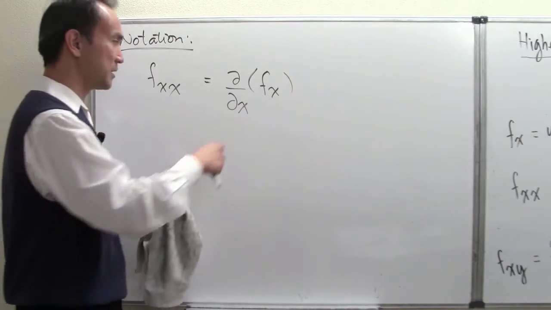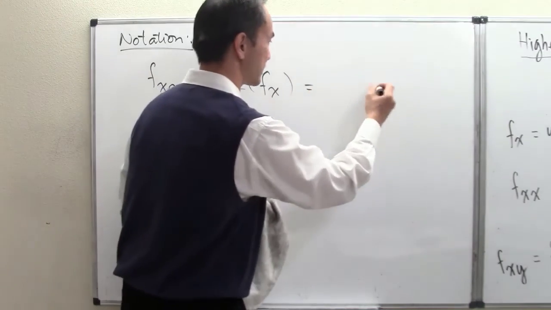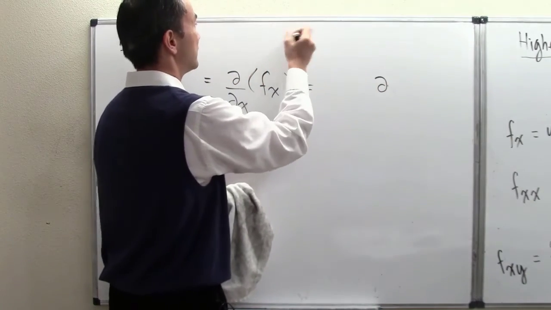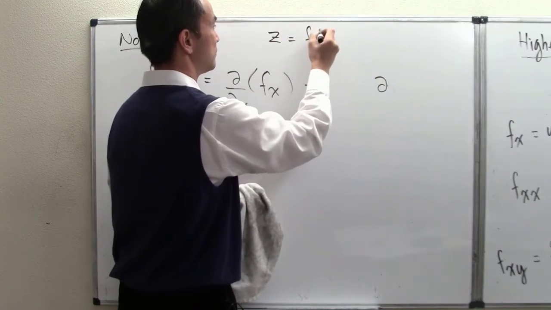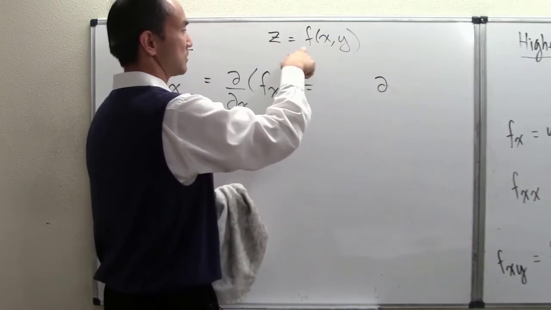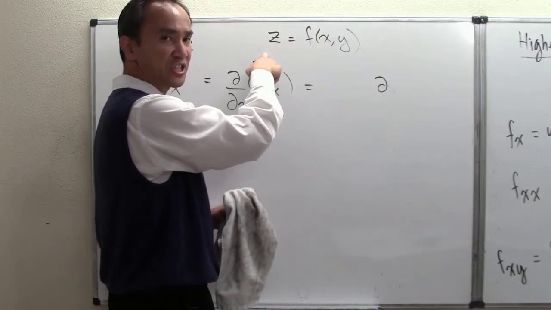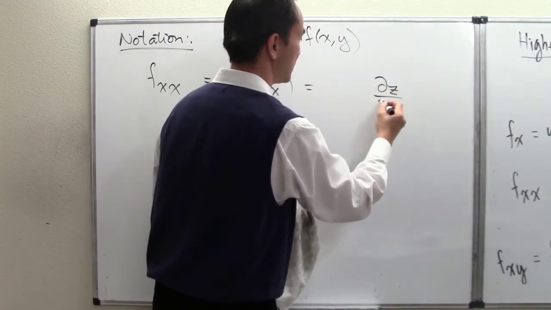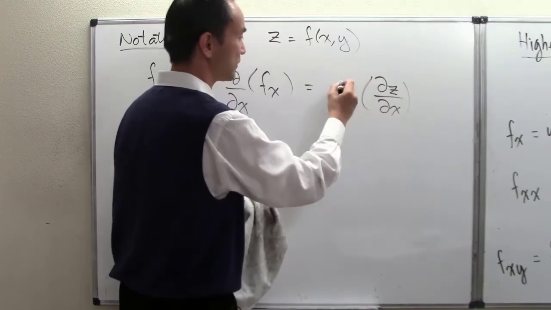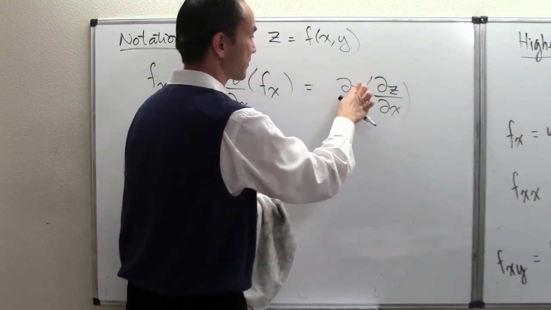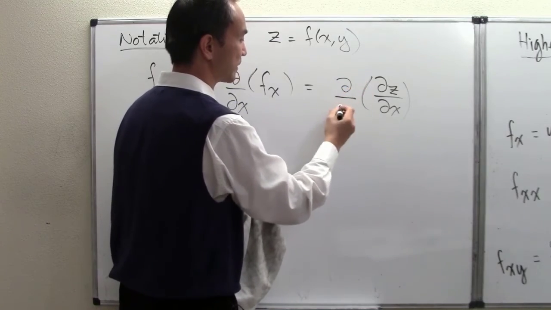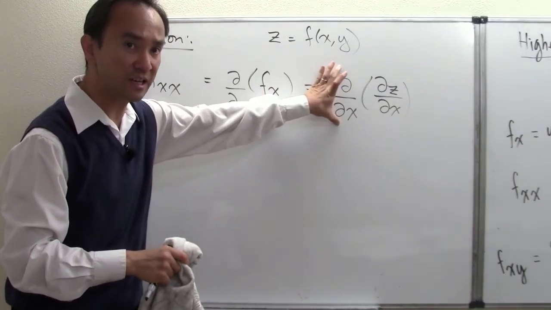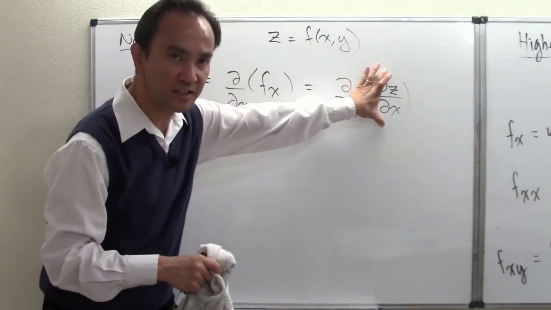We can think of the function as z, a function of two variables, f of x comma y. Then this f sub x can be regarded as a partial dz dx, and on top of that, we take another partial derivative with respect to x again. That's the outer level. The first level is inside.